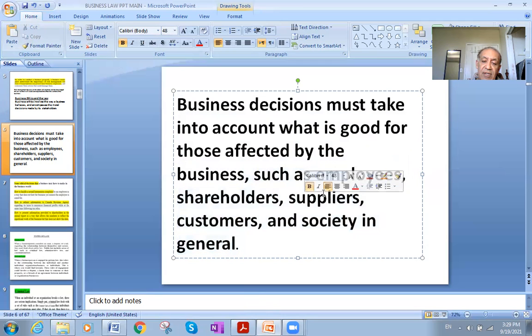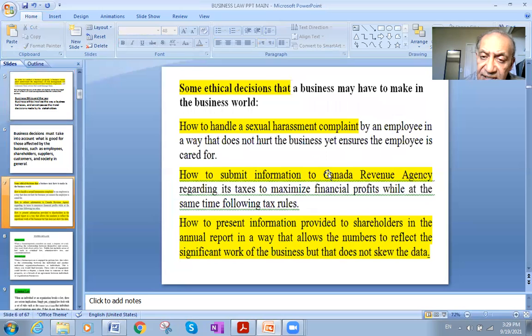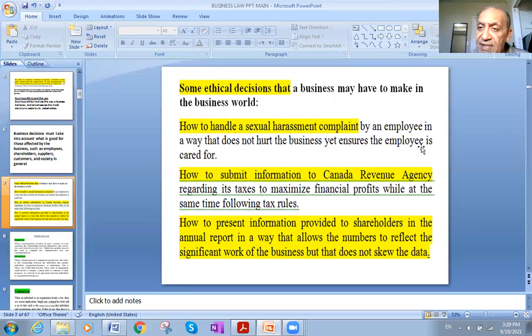Now, business and the law are together in the same boat.